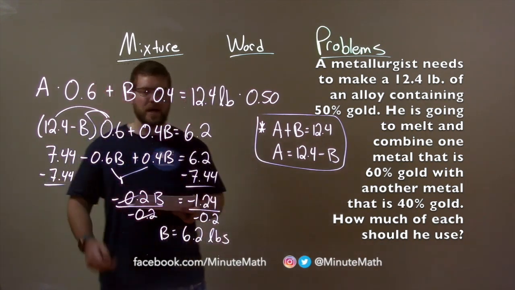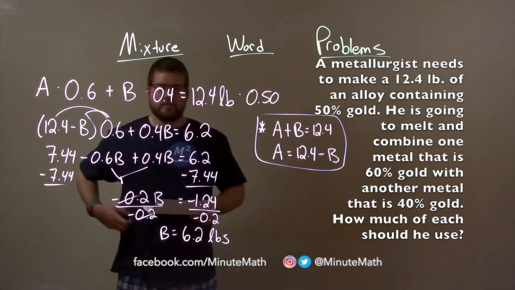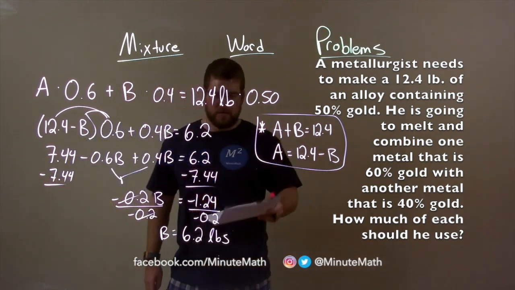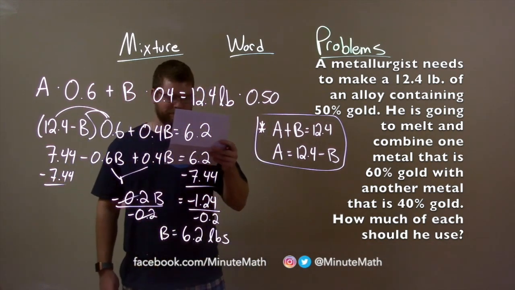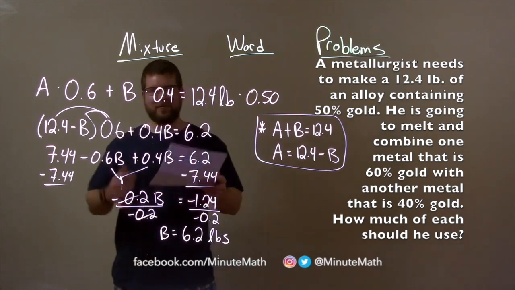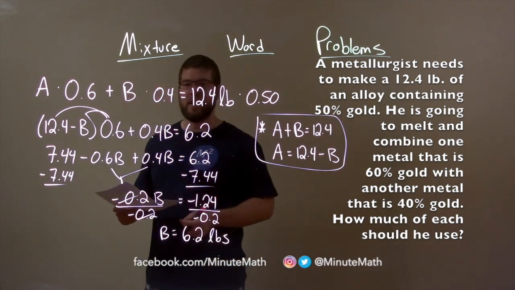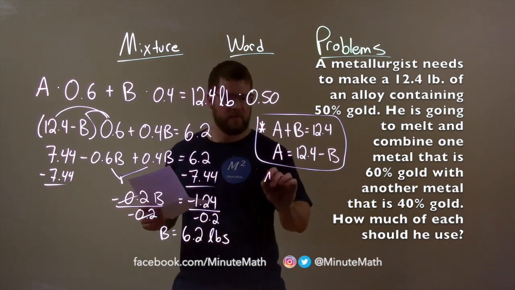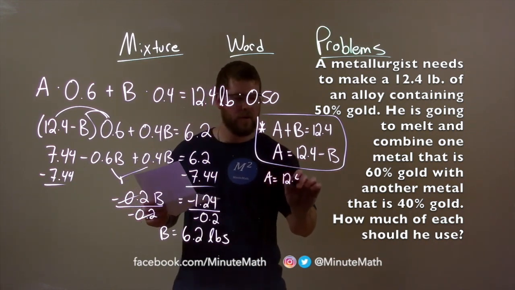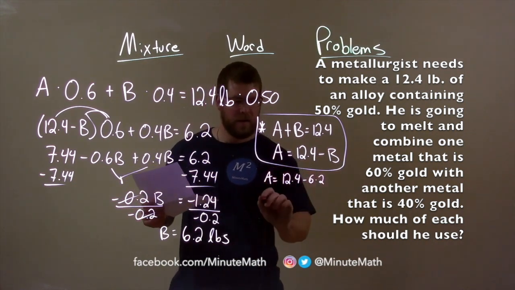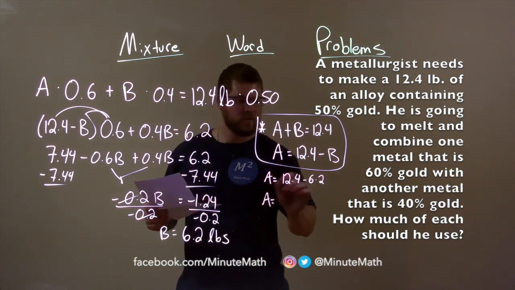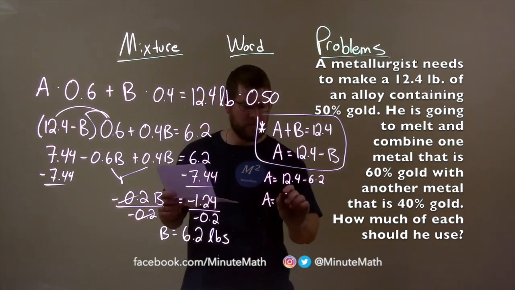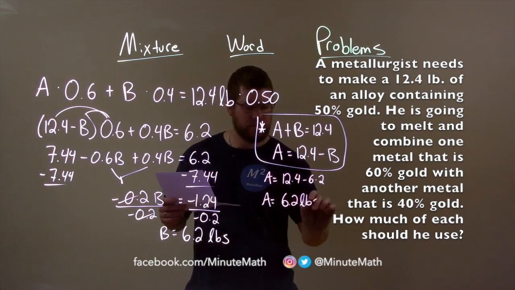So now we know our second metal, which is a 40% gold concentration, or mix containing 40% gold, is 6.2 pounds. We use this equation here to get what A is. So A equals 12.4 minus 6.2. And A, our first metal, is also 6.2 pounds.